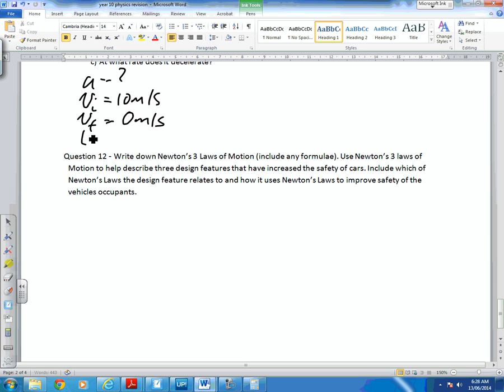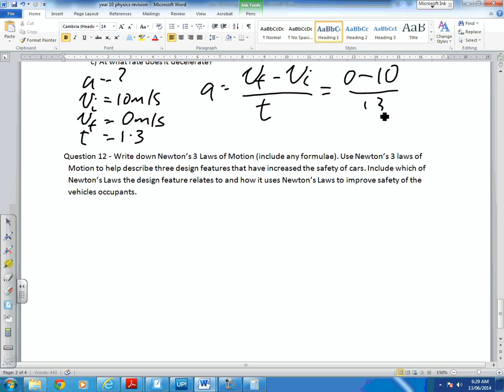So time equals 1.3. So A equals VF, take VI on T. So VF 0, take 10 over 1.3.